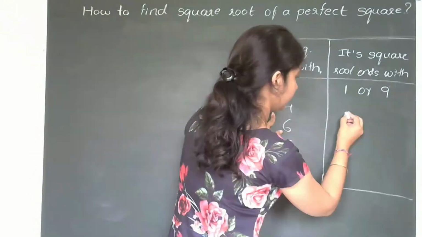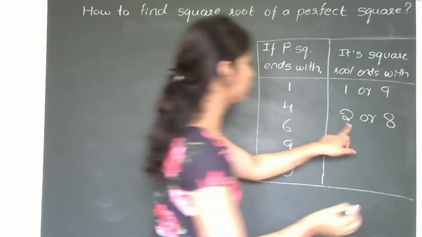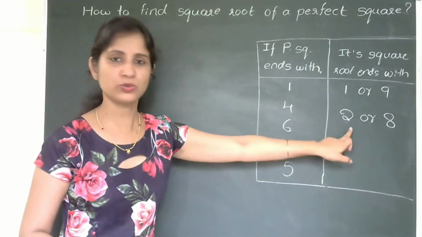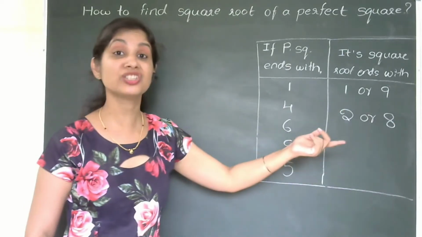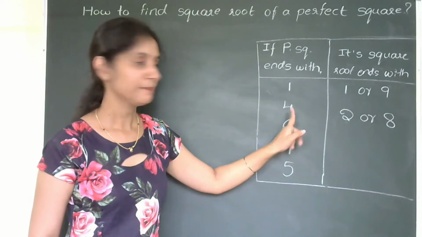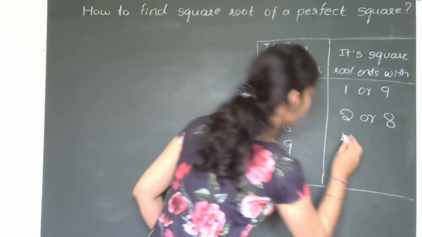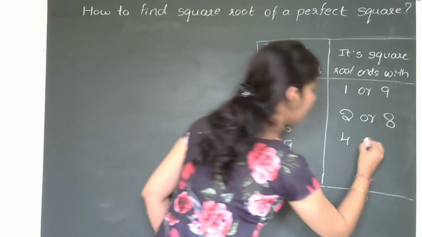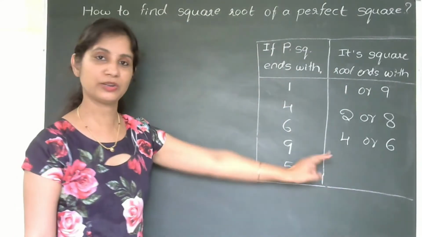Now 4: the root ends with either 2 or 8. 2 twos are 4, or 12 twelves or 32 thirty-twos, whatever it comes, and 8 eights are 64. You will get 4 like that. 6 is nothing but 4 fours are 16 or 6 sixes are 36.